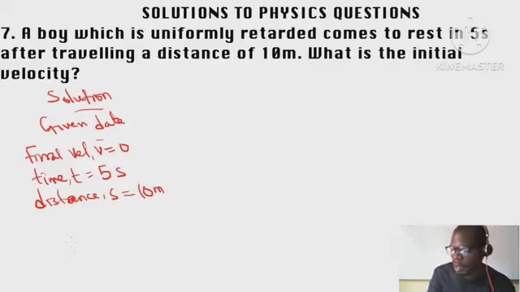Then from here we could see that we want to calculate the initial velocity.